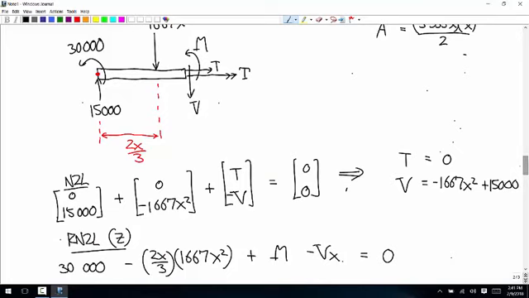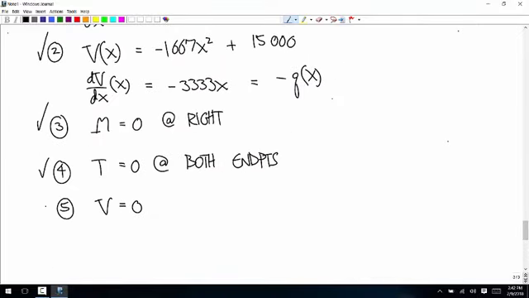Is it because that is attached to the wall? Yes, the wall is applying that vertical point force to the beam. So plug 0 in for x, and V is 15,000 on the left, so that is what we expected. And plug in 3 for x, you get 9 times this. Yeah, that's probably about 0. So that one works.